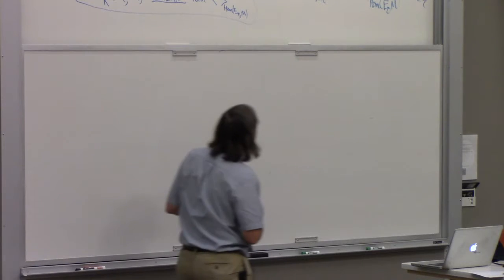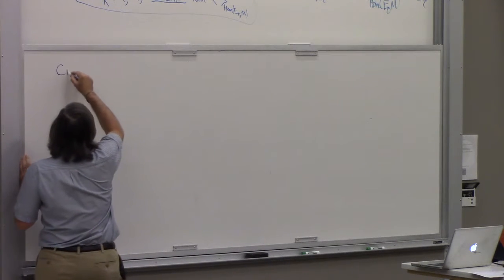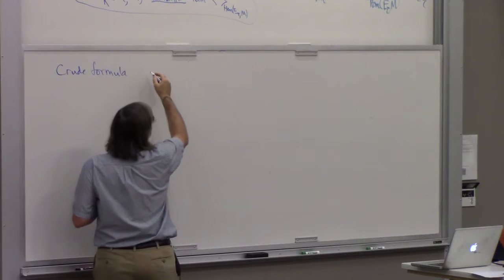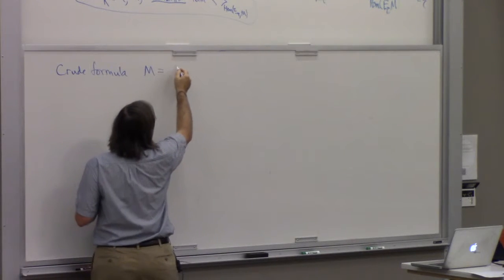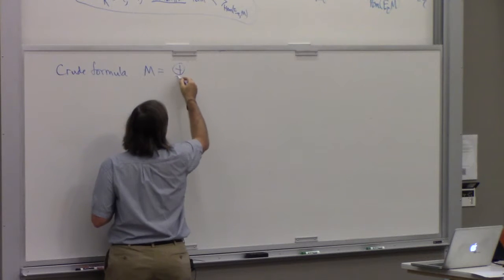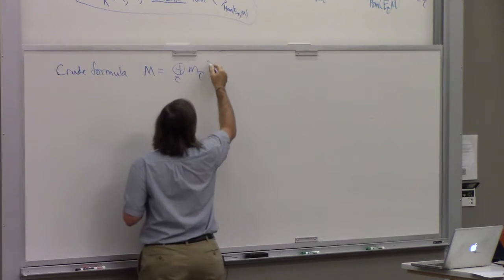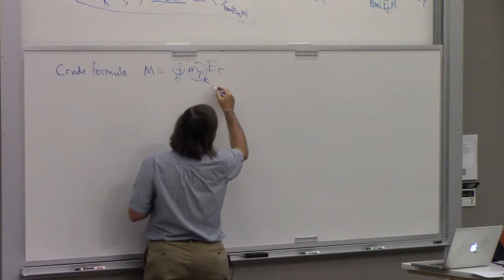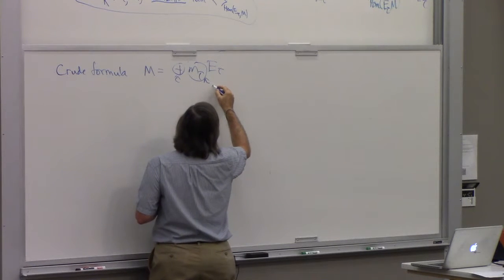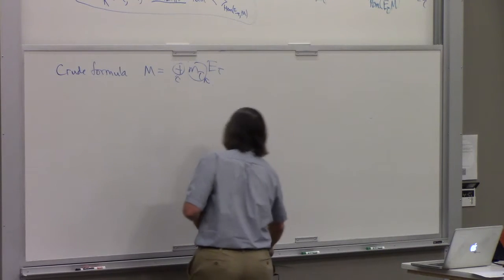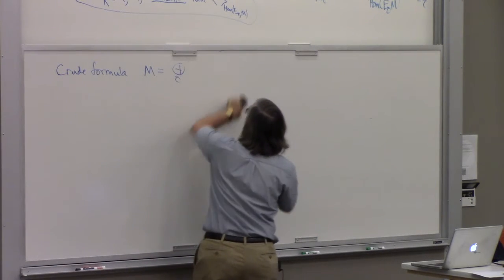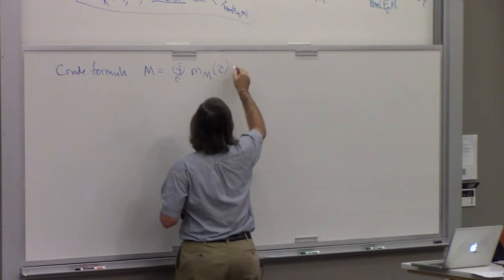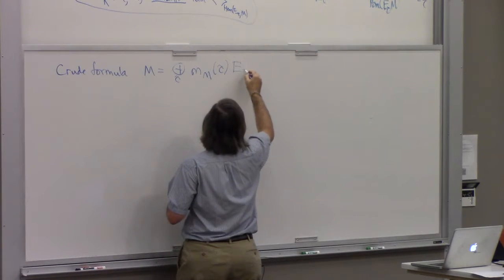So this kind of crude formula, M is the sum over tau of M tau, E tau. Actually I'm going to write it differently: M sub M of tau, E tau.